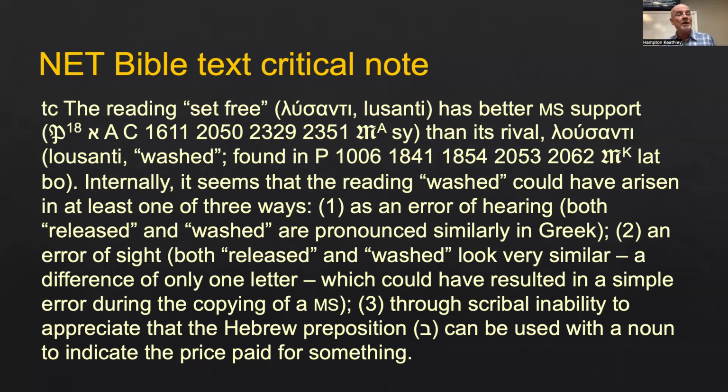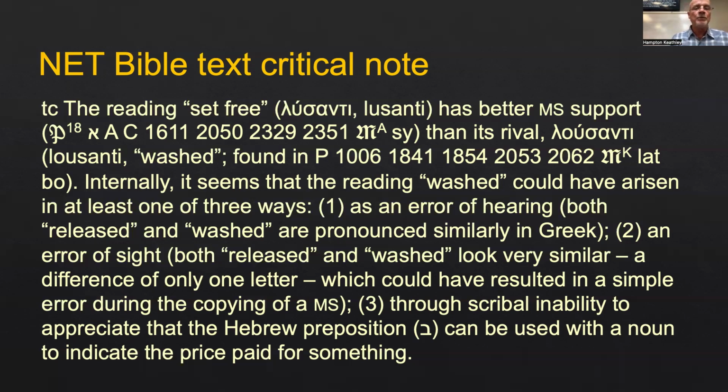The Gothic M is the Byzantine manuscript, and the superscript A means one group of Byzantine manuscripts because they're not all alike. And the Syriac has better support than its rival lusanti, which means washed, found in one uncial, 5 minuscules, some other Byzantine manuscripts, the Latin and the Bohairic.